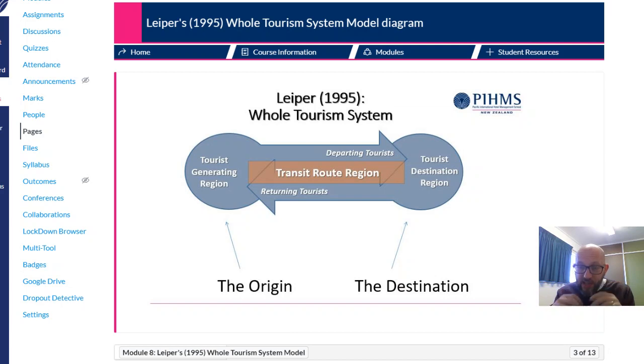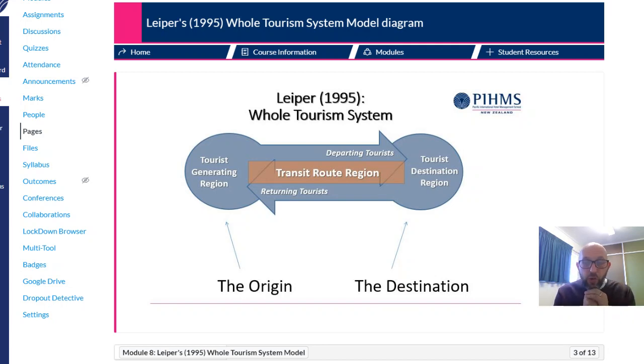And you're relating it to Leiper's model. You're saying these are international tourists. You're almost relating back to what you talked about, but you're saying how these people arrive there. So in your example where you talked about tourism statistics and where these people come from, this is where you're saying how they actually arrive, which routes they travel.